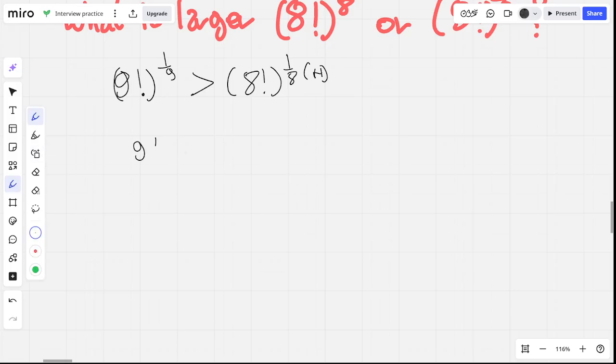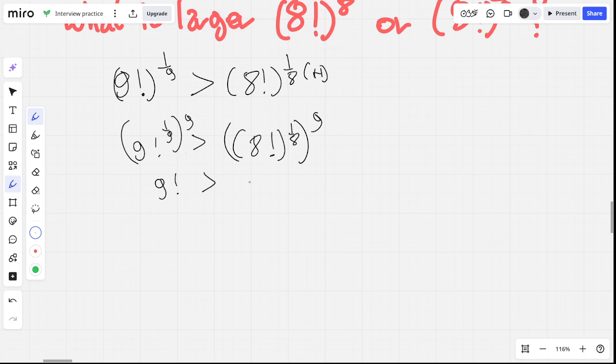So here I will have 9 factorial to the 1 over 9 to the power of 9 is larger than 8 factorial to the 1 over 8 to the power of 9. This just simplifies to 9 factorial is larger than 8 factorial to the power of 9 over 8.